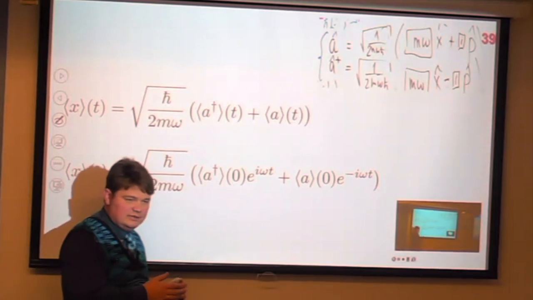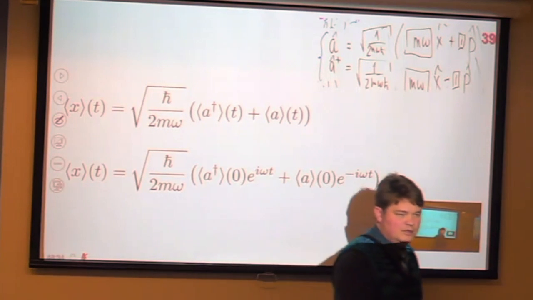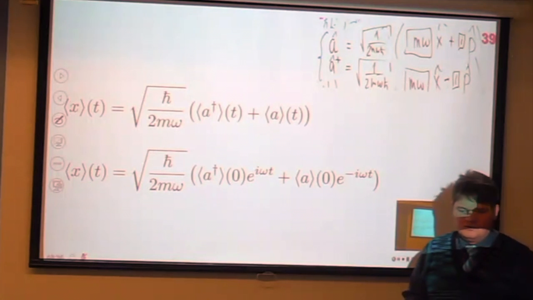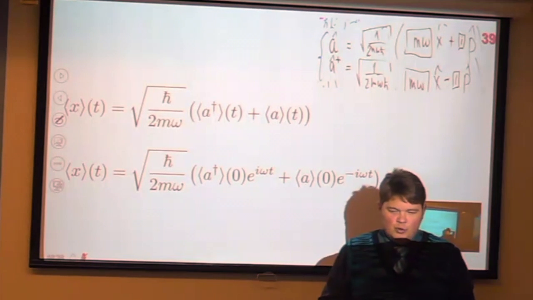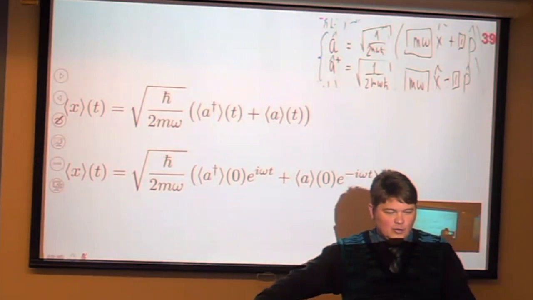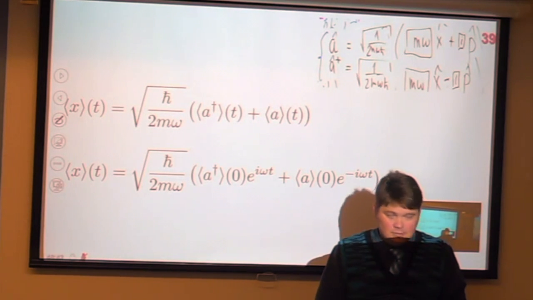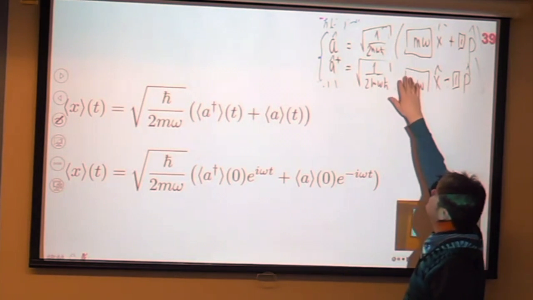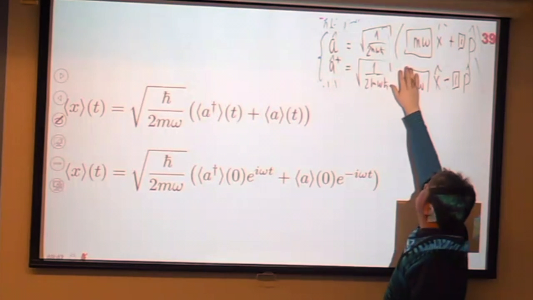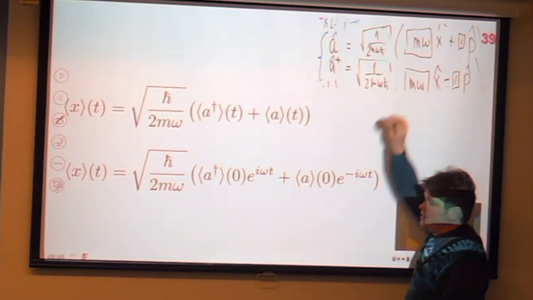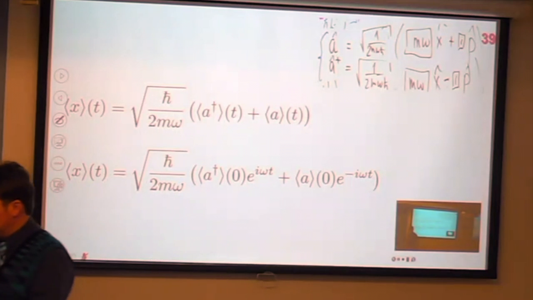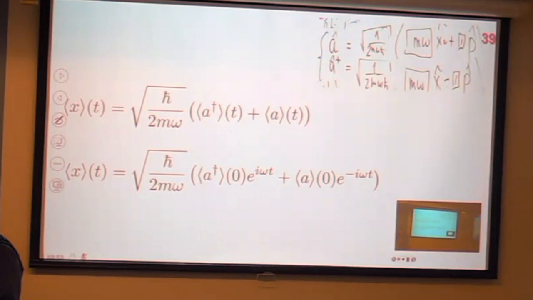What are their initial values? If we want to establish a bridge from these boring theories to more or less real life: if you know position at time 0, and if you know momentum at time 0, then we know annihilation at time 0.